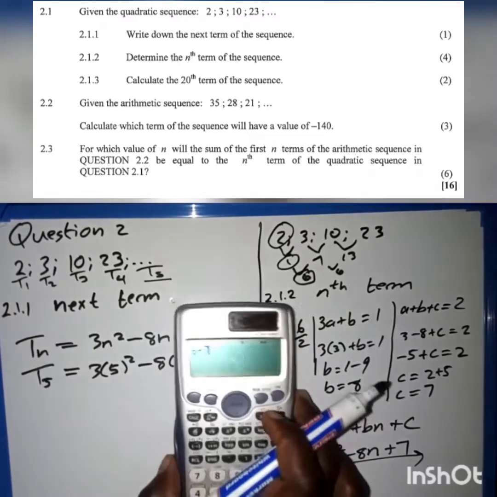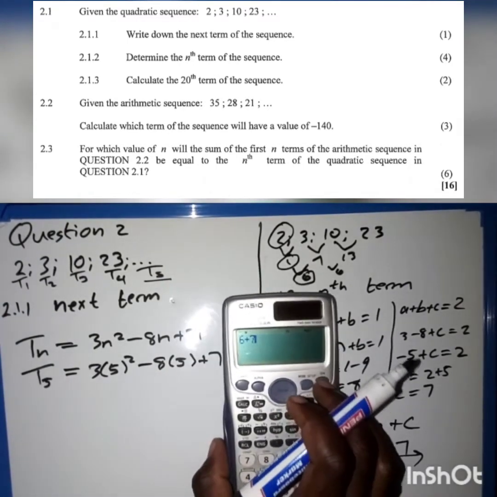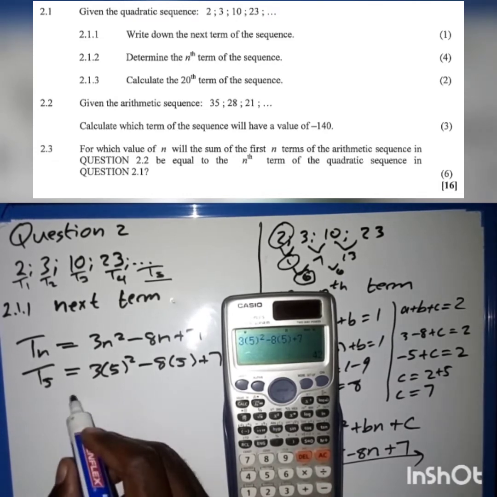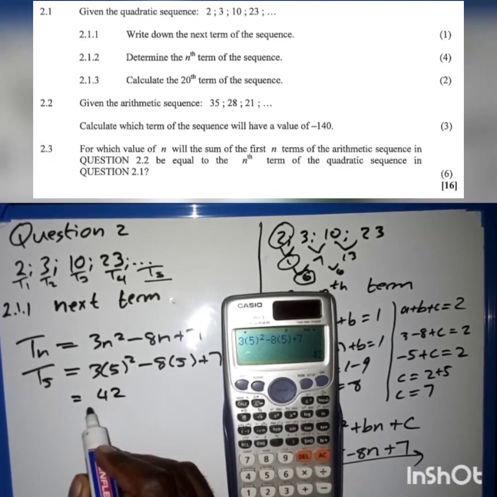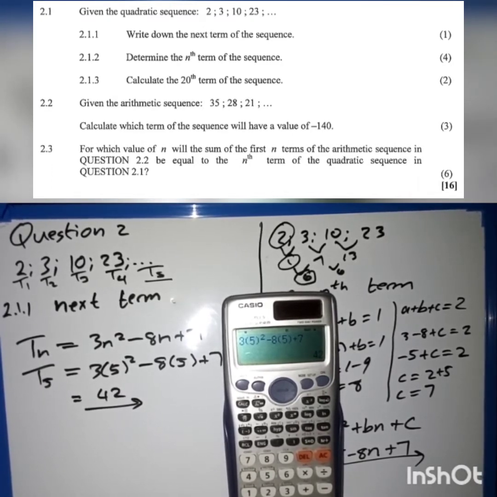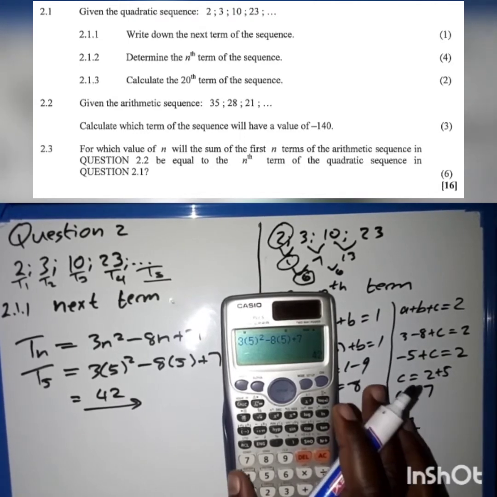And then I'm going to put that into my calculator. This gives me 42. So that's my answer there for my next term. So for 2.1.1, T5 is equal to 42.